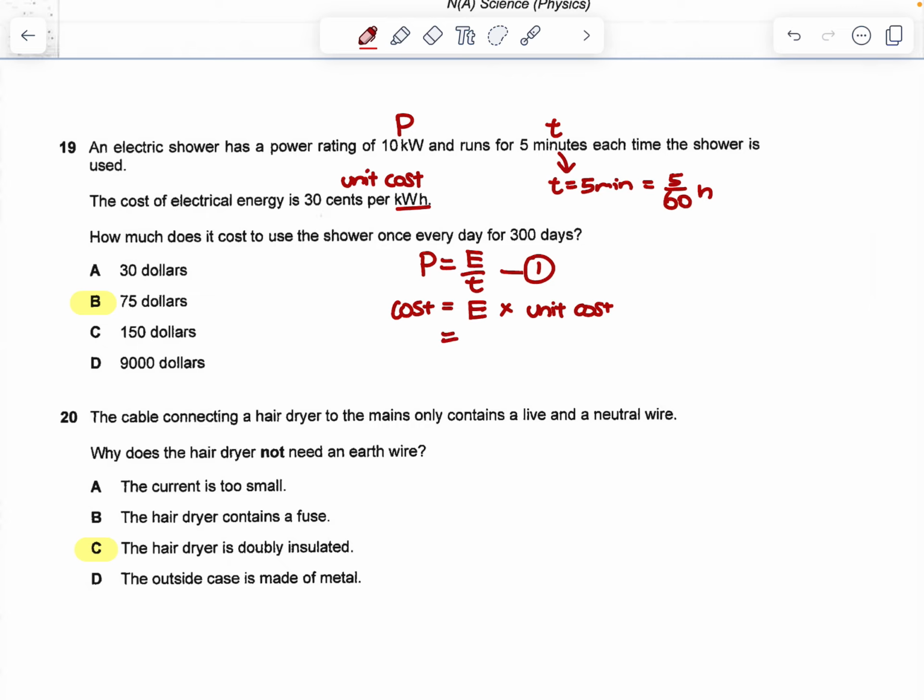Here we can substitute from equation 1 to equation 2. E is actually PT times unit cost. P is 10 kilowatts, but since this unit is in kilowatt hours, we can keep it as 10 times 5 over 60 because it's in hours, times the unit cost 0.30, 30 cents.